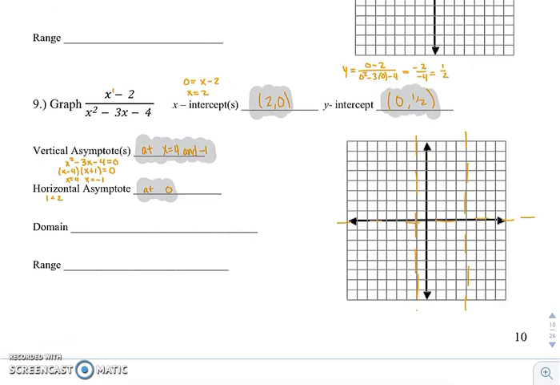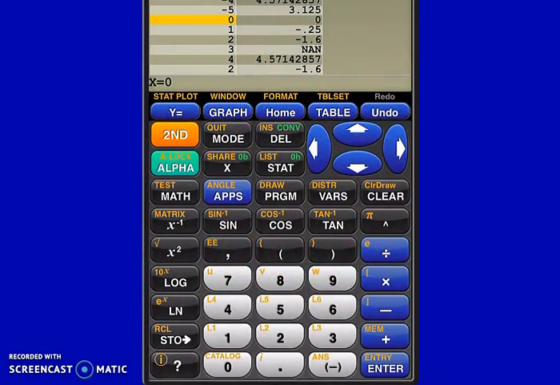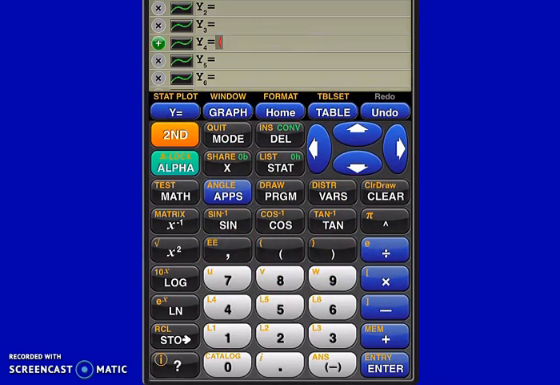So at this point, before I do the domain and range, I just like to go and see what the graph actually looks like. So let's go ahead and graph x minus 2 over x squared minus 3x minus 4. Remember, numerator in parentheses, denominator in parentheses, and then graph it. Graph the squared.